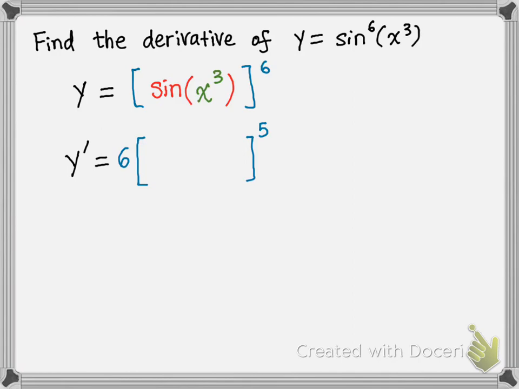The chain rule tells us to keep whatever is inside the same, so we keep sine of x cubed. We don't touch it.